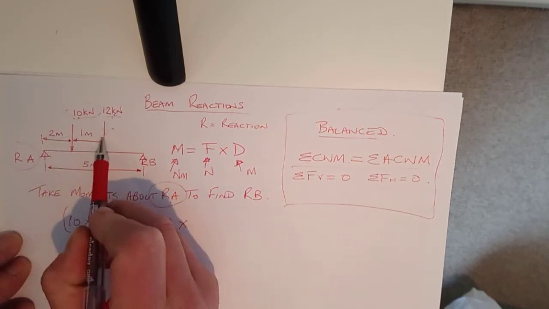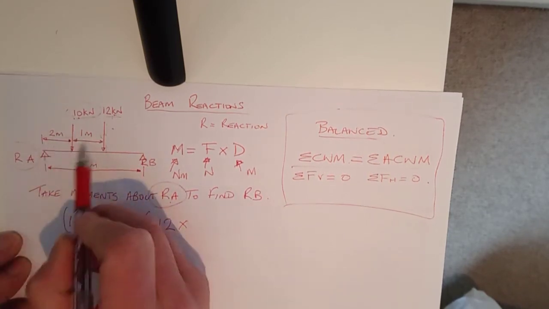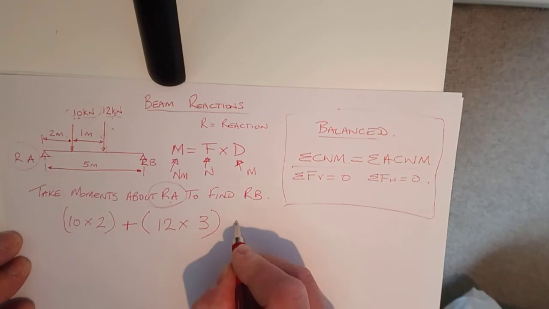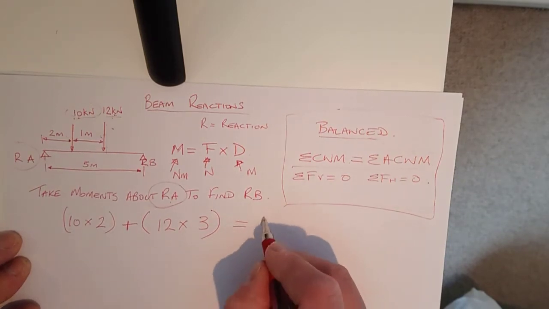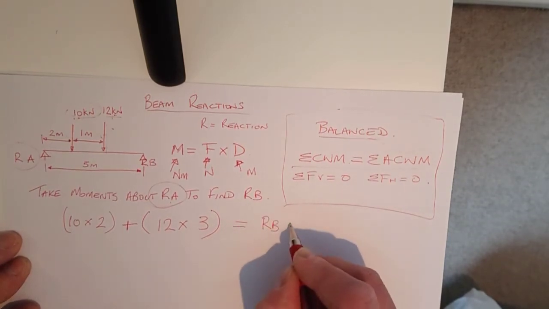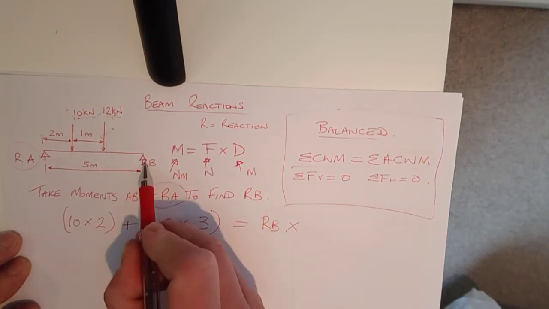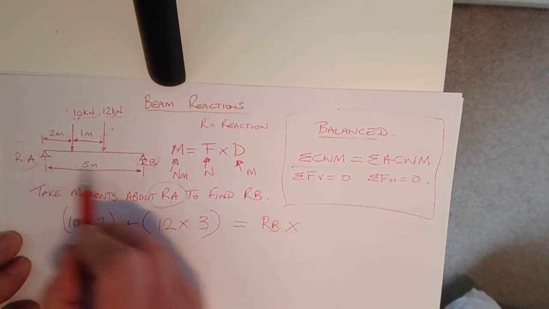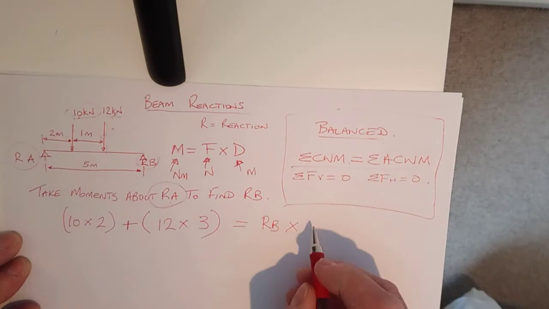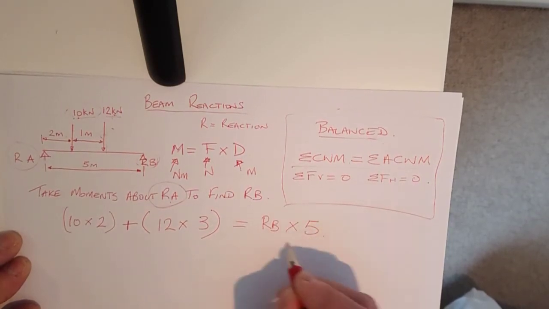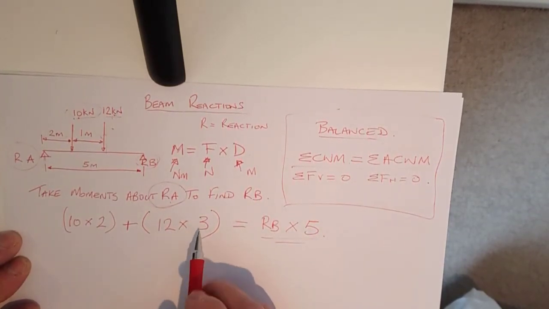It's not times 1 though, it's times 3, because it's 2 plus 1, times 3, is equal to RB times the total distance of the beam, because RB is acting along the total distance of this beam, so RB times 5.